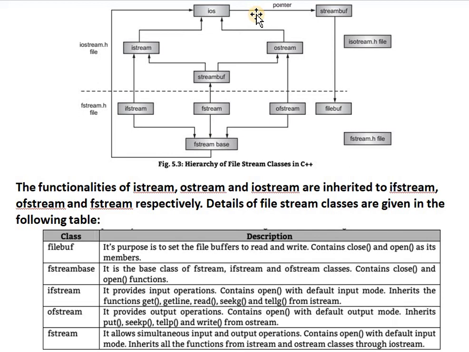The ios class is responsible for providing all input and output facilities to all other stream classes. ios is the main topmost class that provides input and output facilities to the remaining classes. These are the different stream classes in C++ that are used to perform file manipulation.